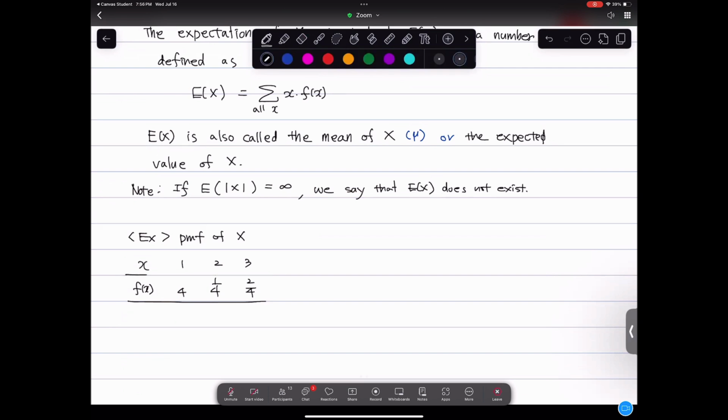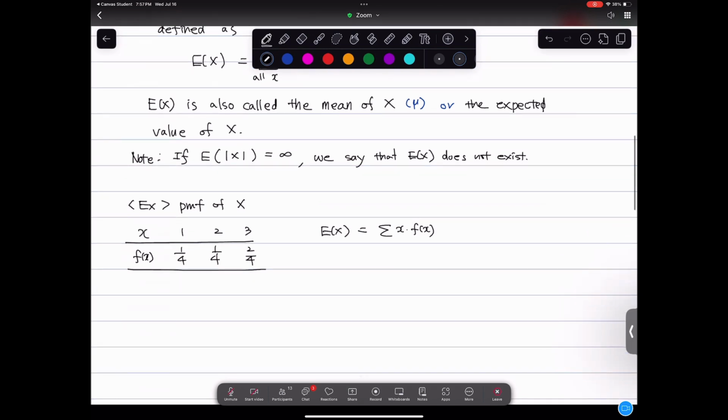So E of x, the expectation, is the sum of x times its probability. So 1 times 1/4, 2 times 1/4, and 3 times 2/4, which is 9/4. So that's a general form.